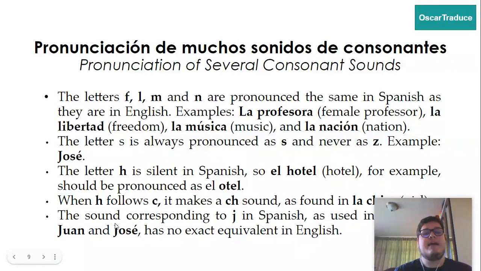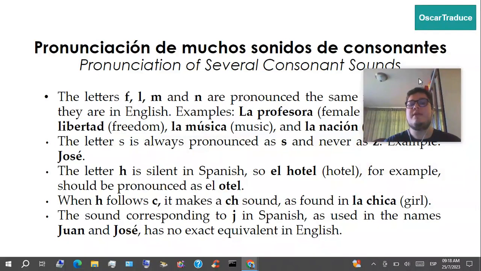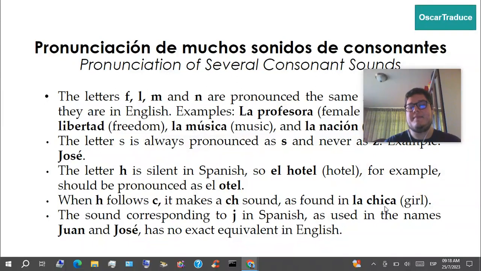When H is followed by the letter C, it makes a ch sound, as found in the word la chica, the girl. The sound corresponding to J in Spanish, as used in the names Juan and José, has no equivalent in English. But try to practice and you will get the sound. Juan, José.